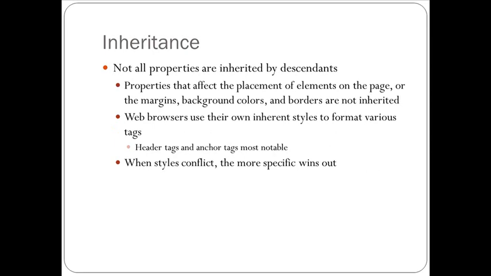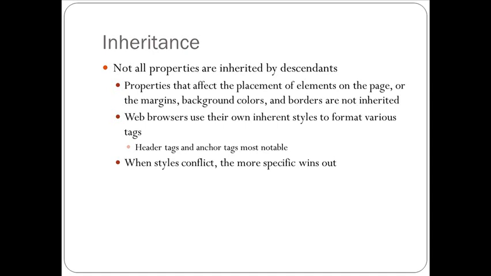Not all properties are inherited by descendants either. Properties that affect the placement of elements on a page, or the margins, background colors, borders, things like that are not inherited. And think about that for a minute. If you put a border around a paragraph and you have anchor tags in there, or strong tags, or any other element that might be in there, you want a box around a paragraph.